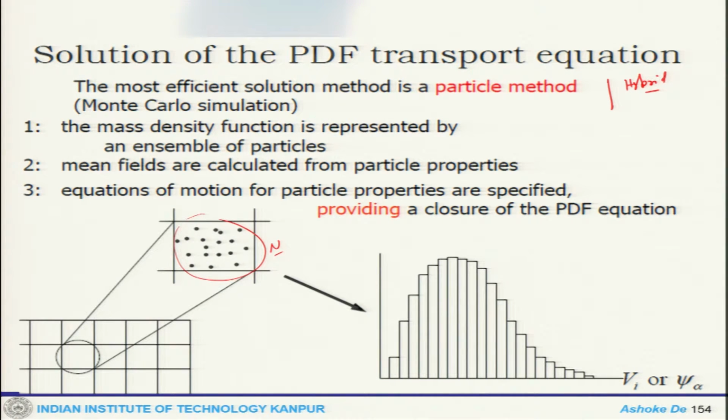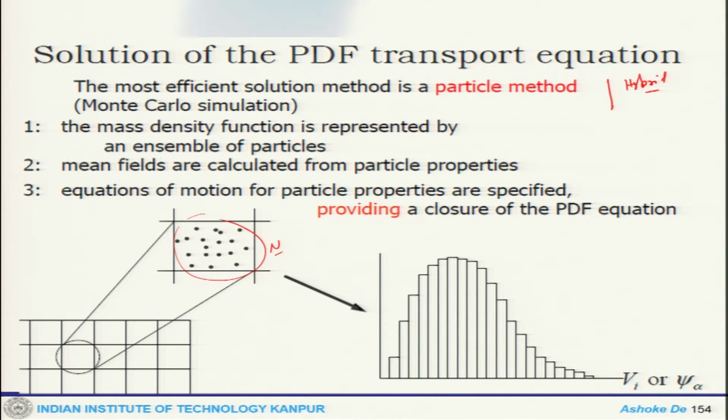They will change their position randomly, and they will be affected by mixing, reaction and diffusion. So, all sorts of things would happen to this particle field, and finally there would be a conservation of the global mass for each of these computational cells, and the information would be passed back to the Eulerian framework. So, there is a handshaking required between your two frameworks, one the Eulerian, the other the Lagrangian.